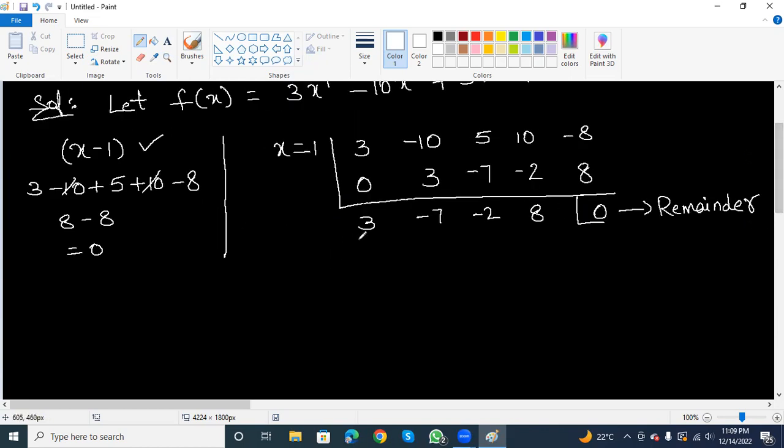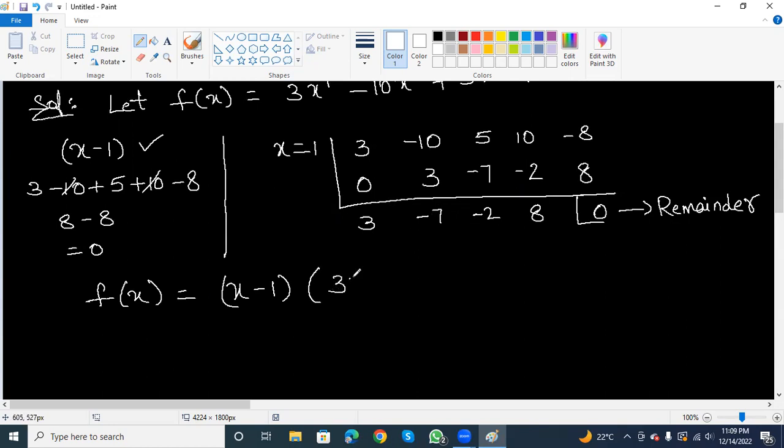Okay. Now this is the quotient, right? So f of x can be written as: first factor is x minus 1 and this is our quotient. Here 4 coefficients are there, so with these coefficients we can make a cubic polynomial.